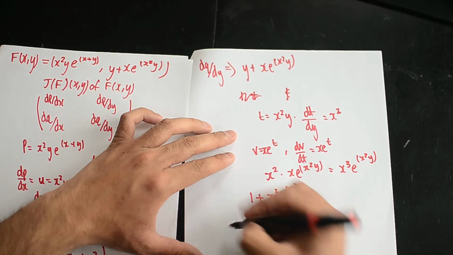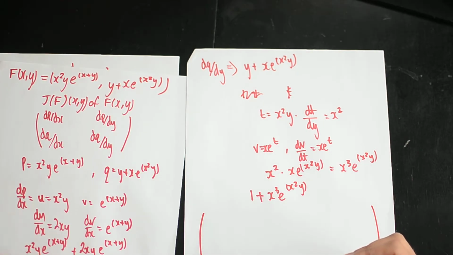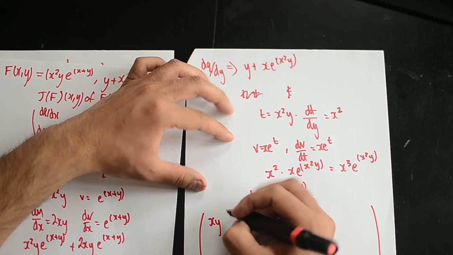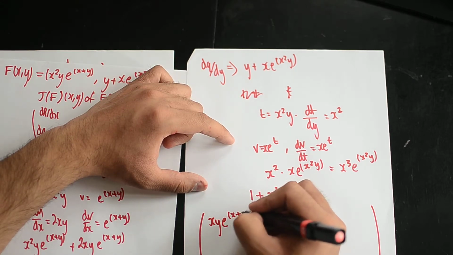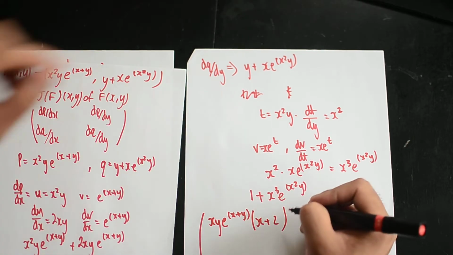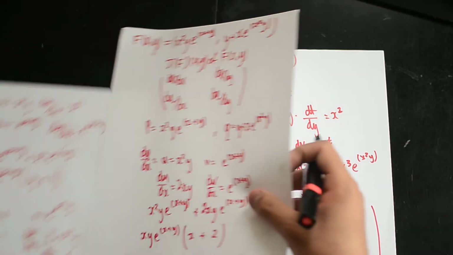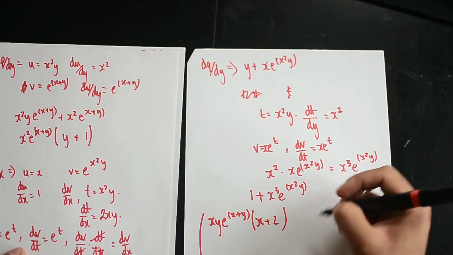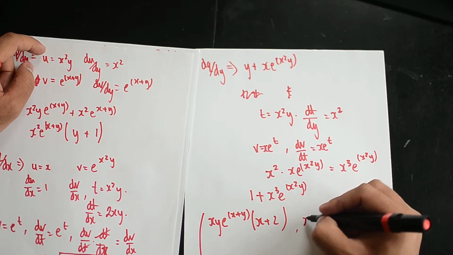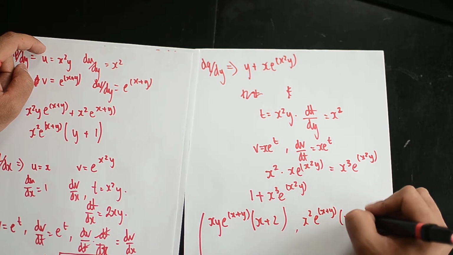Now finally, let's get it all in there. We figured out what dp dx is, which is xy e^(x plus y) from here, all multiplied by x plus 2. So obviously I'm filling out this now: dp dx, dp dy, dq dx, dq dy. We know that dp dy is this coming up here, so it'll be, let's put a little comma there, x squared e^(x plus y), y plus 1.